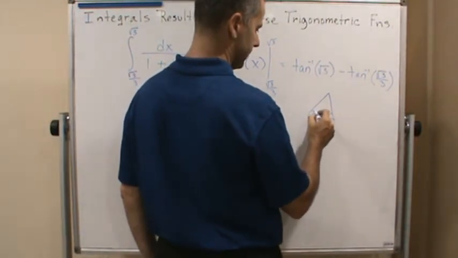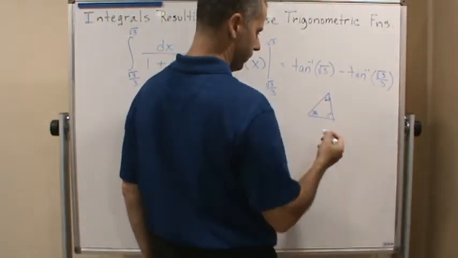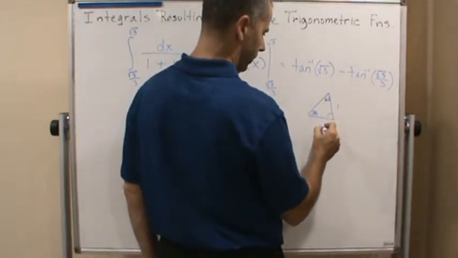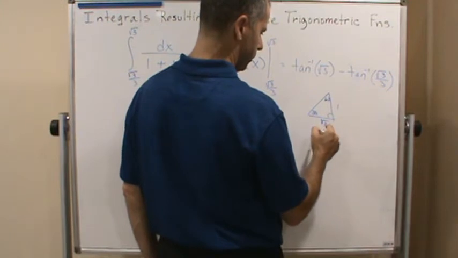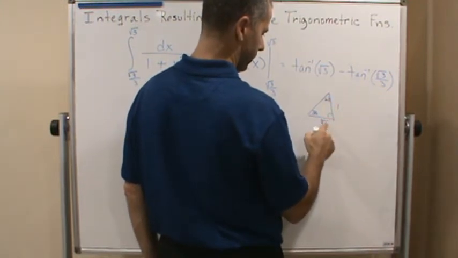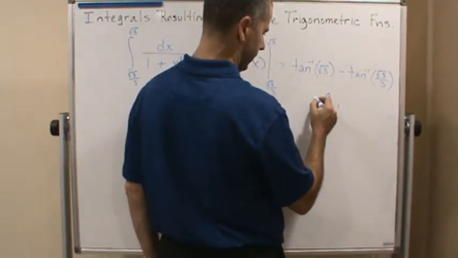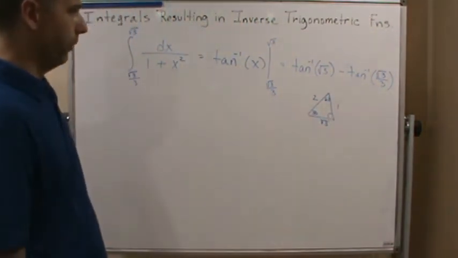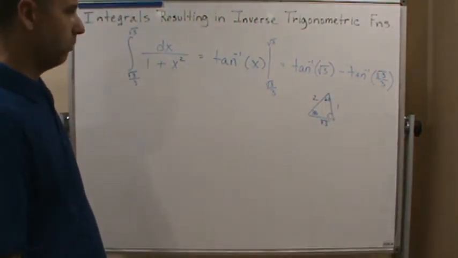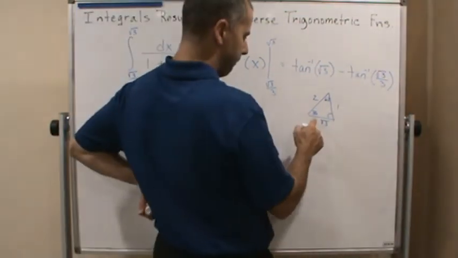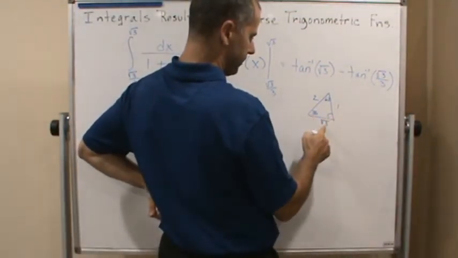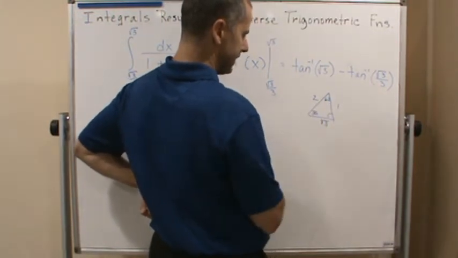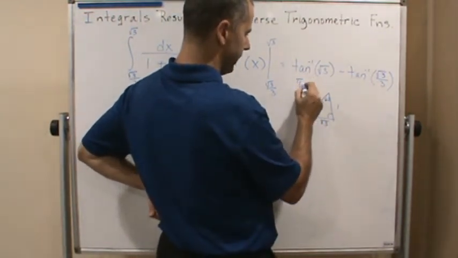If it's a 30, 60, 90 triangle, you only have so many triangles to work with. So you've got 1, the square root of 3, and 2. Well, it can't be 30 because that gives us 1 over the square root of 3. It has to be 60, so it's going to be pi over 3 again.